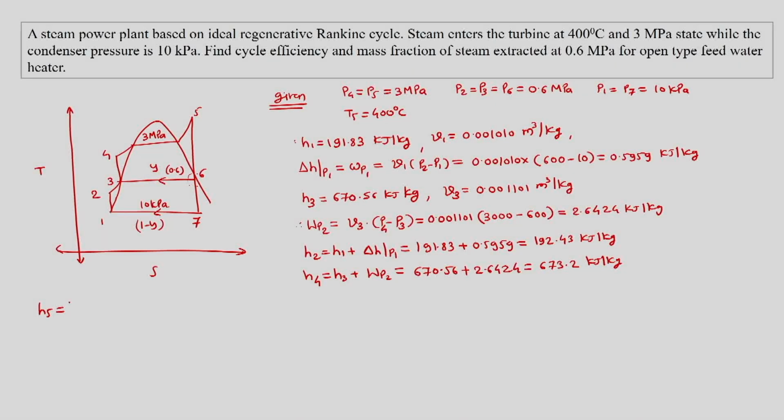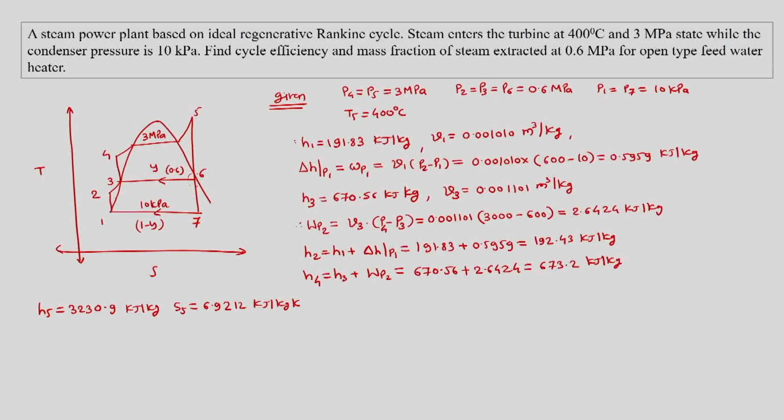Now we can go into the steam table and find H5 at 3 megapascal and 400 degrees Celsius. So we have H5 as 3230.9 kilojoule per kg, but we will also note down S5, and S5 happens to be 6.9212 kilojoule per kg Kelvin.